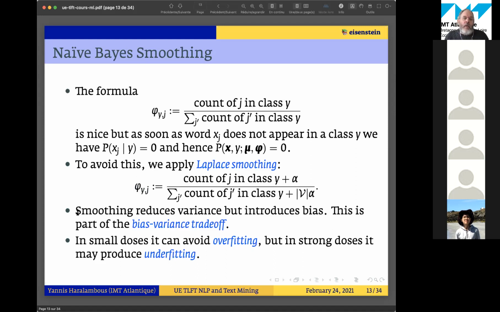Now, how can we interpret smoothing? First of all, this is part of the bias variance trade-off. So a small reminder, what is bias, what is variance? Variance is the dependency of your model with respect to small changes of parameters.